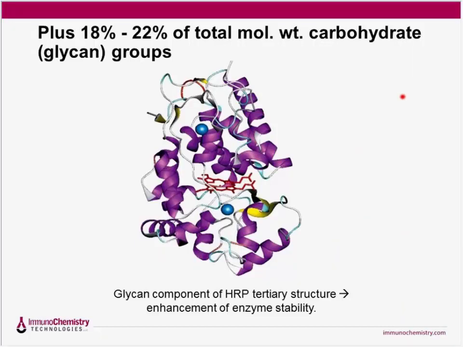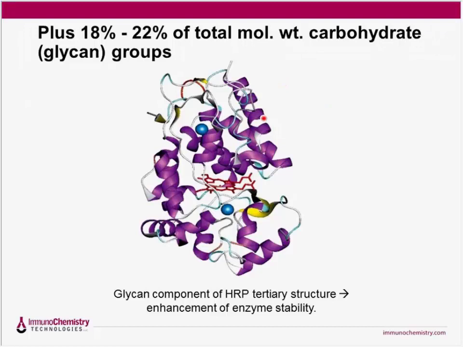HRP is a glycoprotein. As such, it has a relatively large carbohydrate moiety, which accounts for roughly 18 to 22% of the total molecular weight of the enzyme, that's quite a bit.